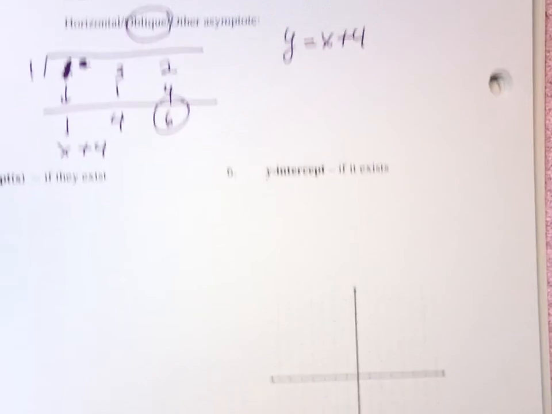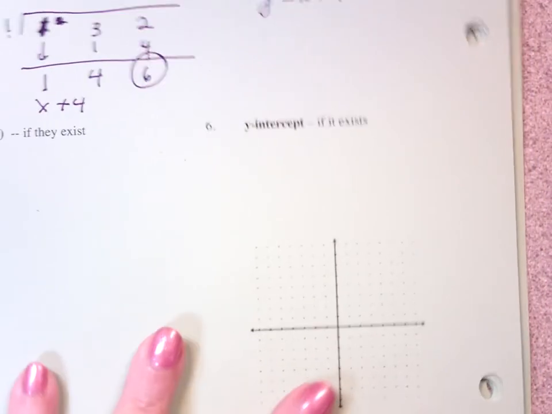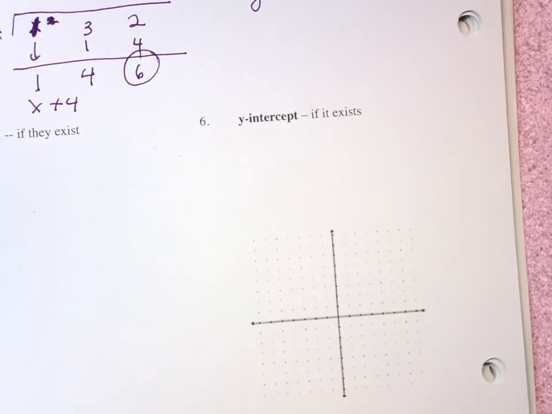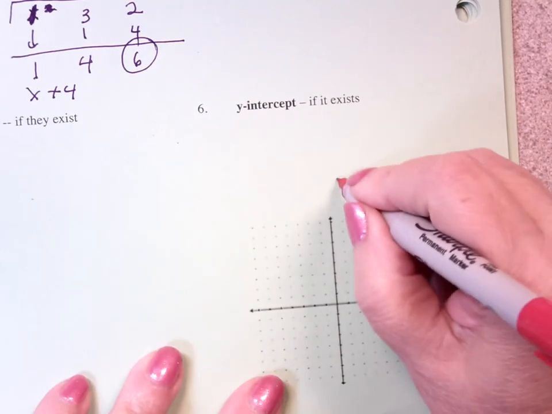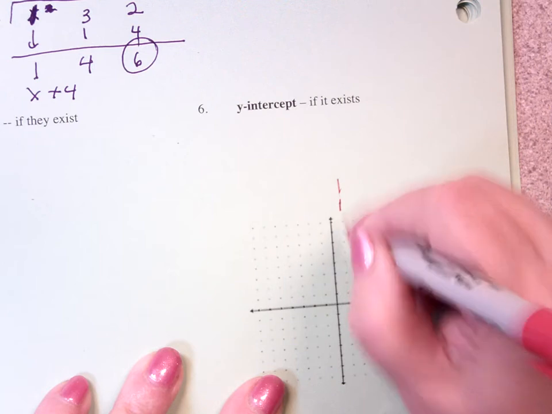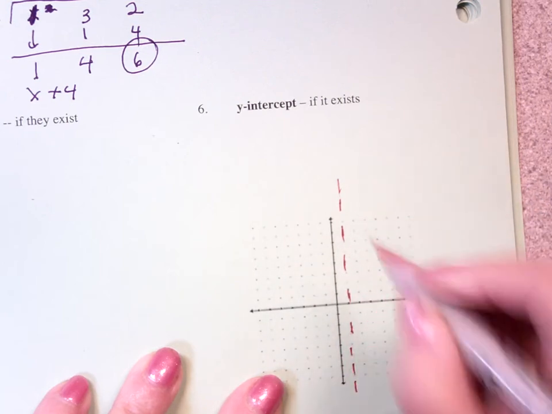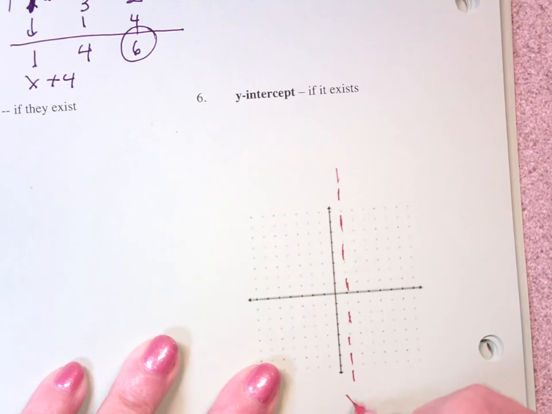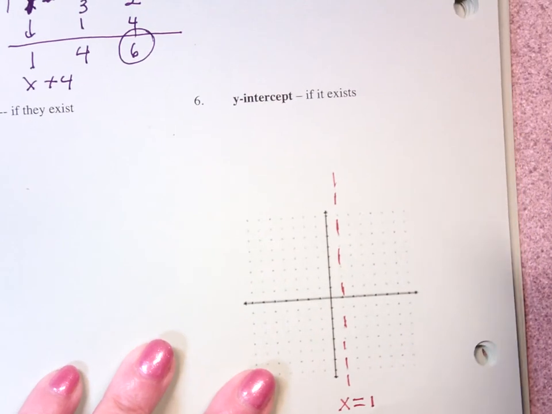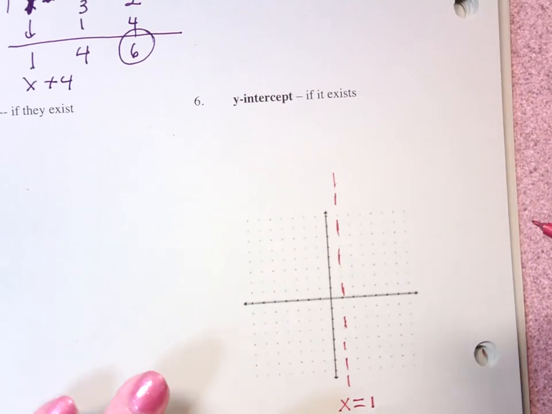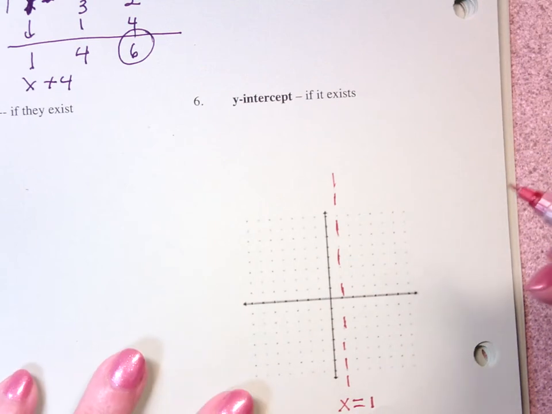So what do I do? Well, I take my graph paper, and now I'm going to draw what I know. I know I have a VA at x equals 1. So by the way, what makes these graphs so easy? I have an OA at y equals x plus 4.